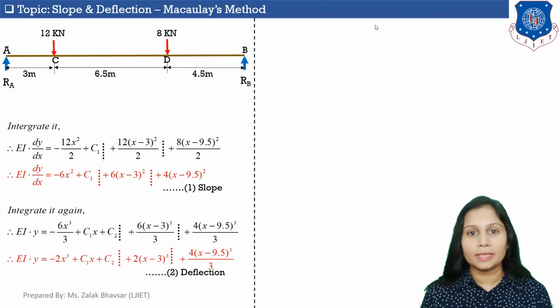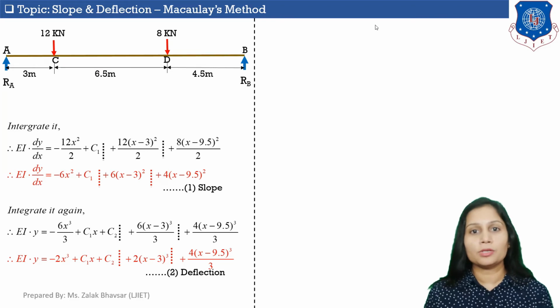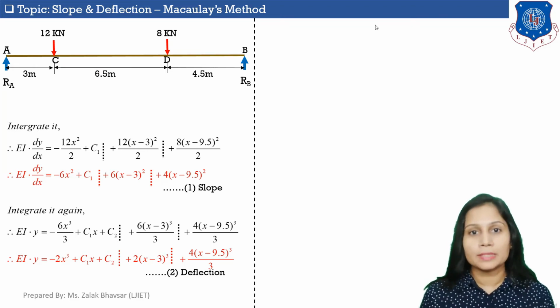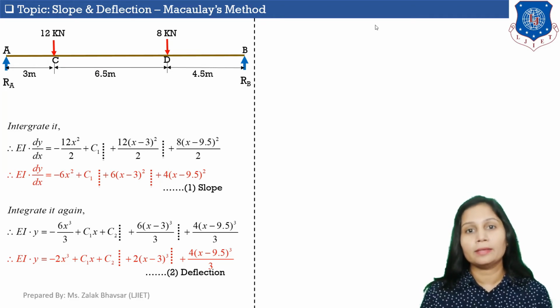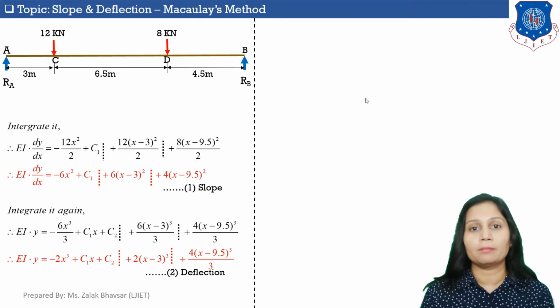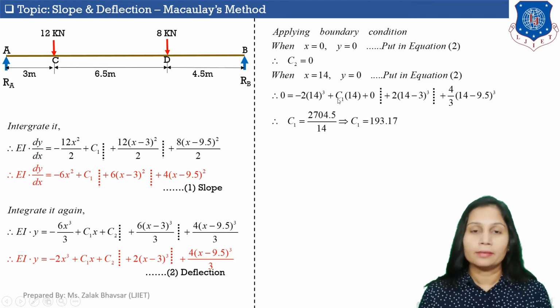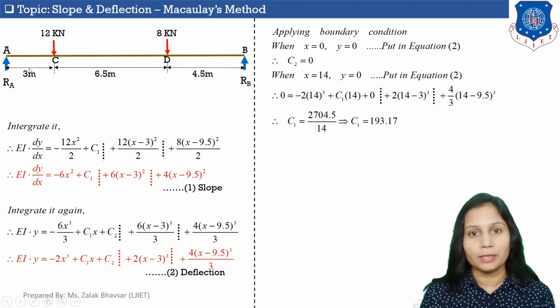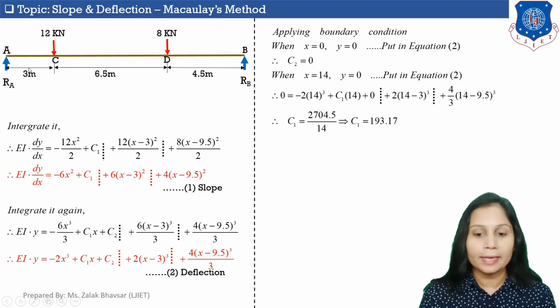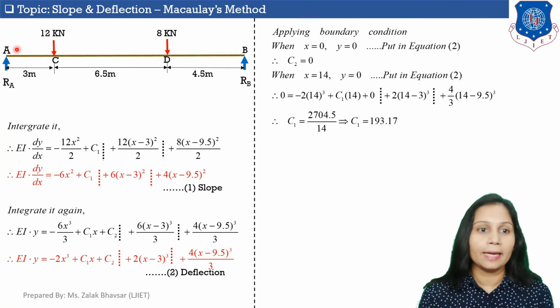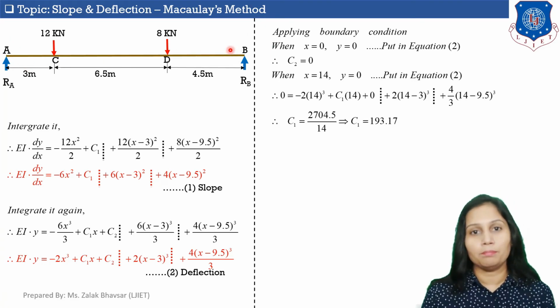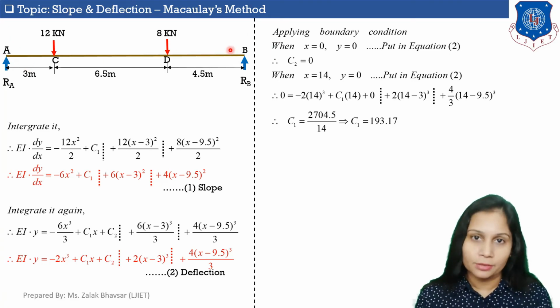Now let's move to step number 4, which is calculation of the values of C1 and C2, the integration constants, by applying boundary conditions. Here we know that for a simply supported beam, at both extreme ends, that is at end A and at end B, deflection will be 0.